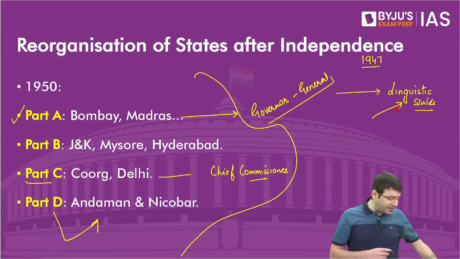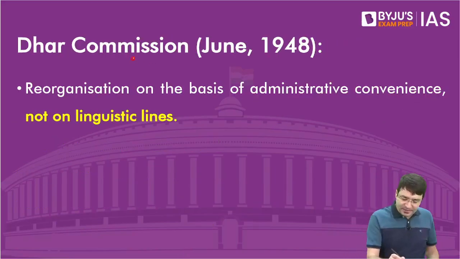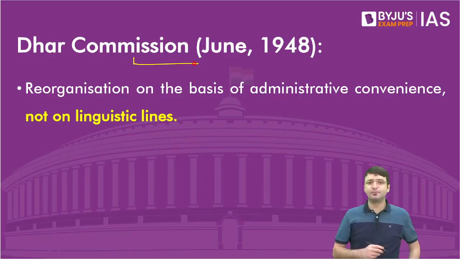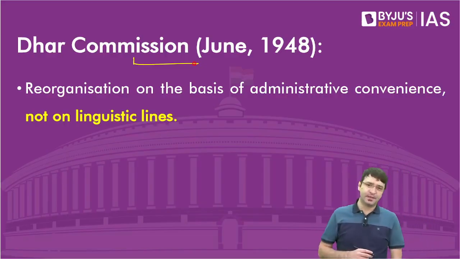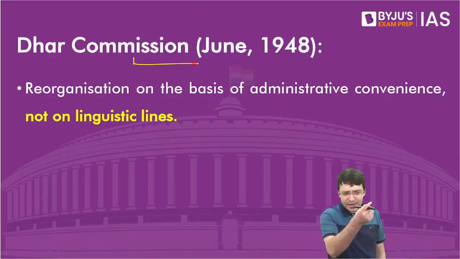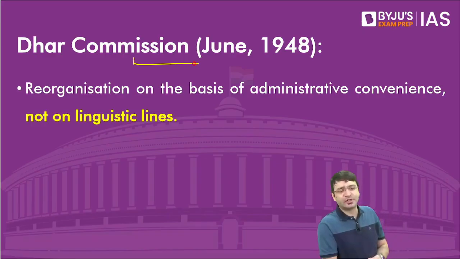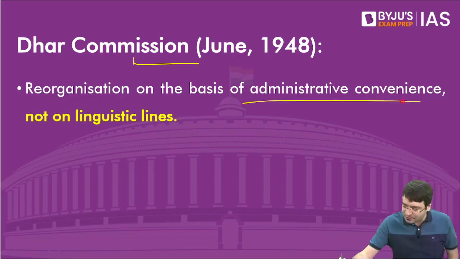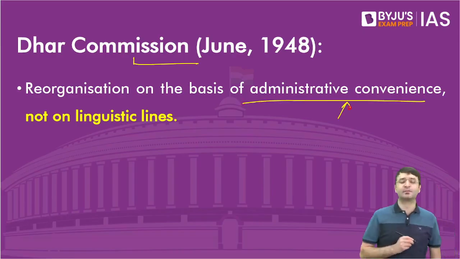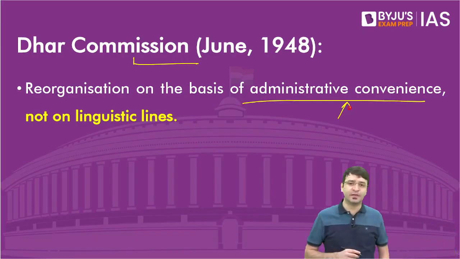For that, a committee was set up known as Dar Commission, in June 1948. Dar Commission was asked, can you please take a look at these demands and tell us how do we reorganize this country? Dar Commission said, don't create states in the name of language. Create states on the basis of administrative convenience. What is administrative convenience?